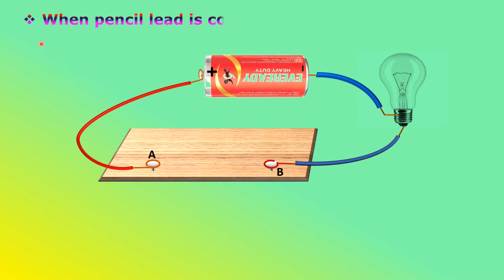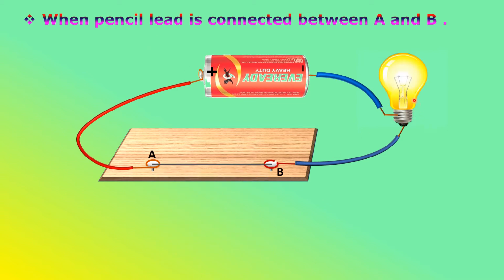Next I am connecting the pencil lead between A and B. See here. Yes, the bulb is glowing now. Okay, let us record our observation here. What is the result here? Bulb glows. That means when the pencil lead is connected between A and B, the bulb is glowing.